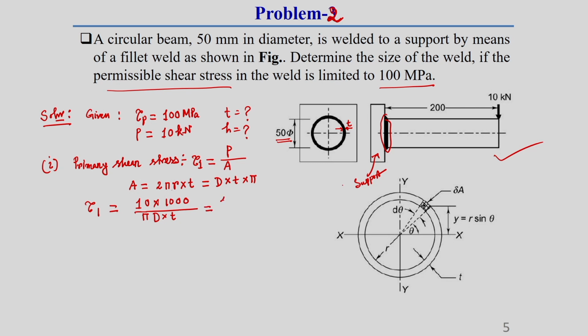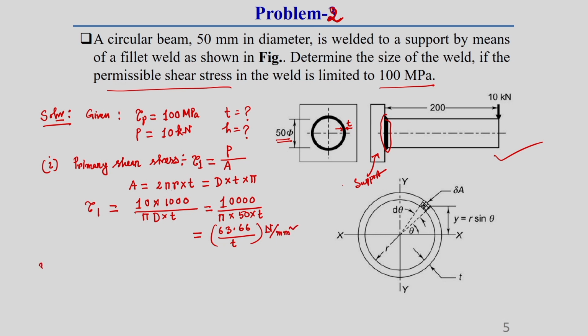So, here it will be 10,000 divided by pi into d, which is 50, into T. Its value is equal to 63.66 divided by T. It is a shear stress, so its unit is Newton per millimeter square.